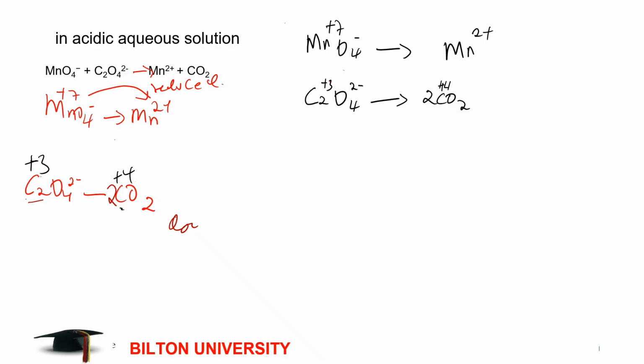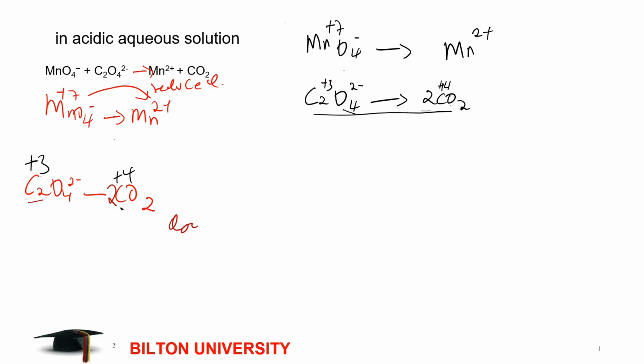After this, we can balance oxygen. If we look at the equation for oxalate, oxygen is balanced. We have 4 oxygen here and 4 oxygen here. So we only need to balance oxygen in the first equation. How are we going to do that? We balance oxygen by adding water.